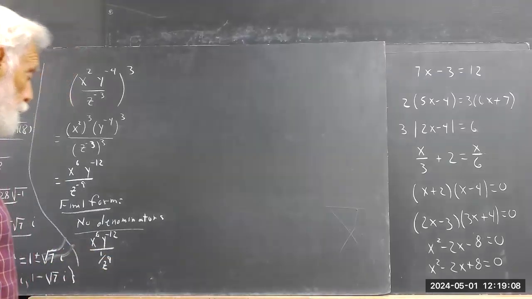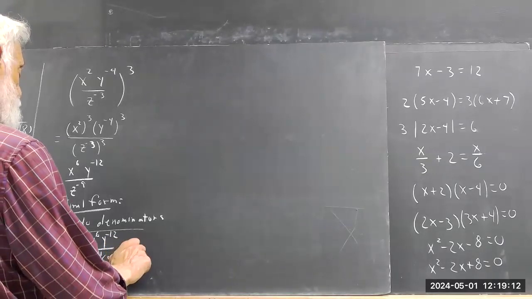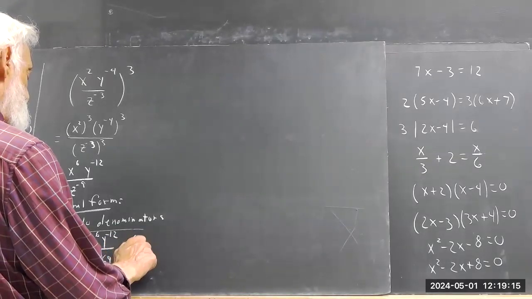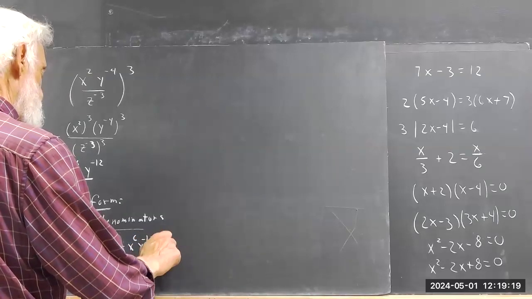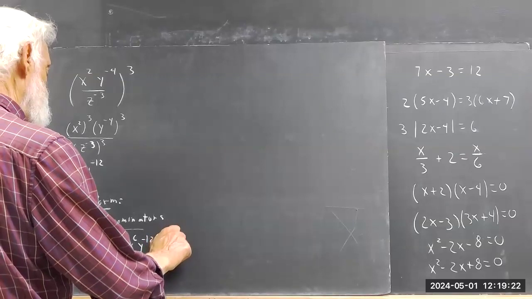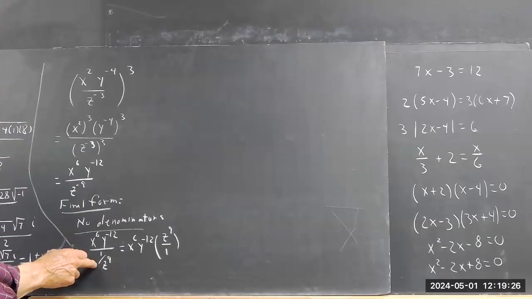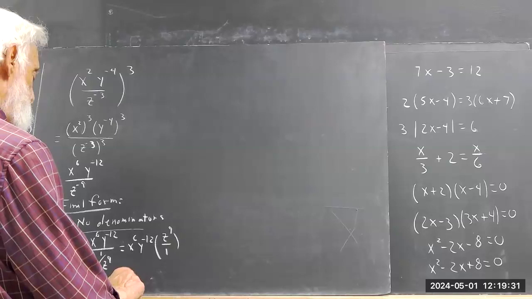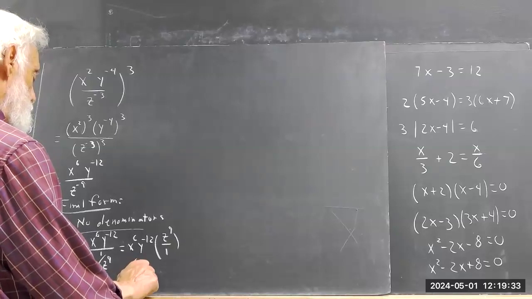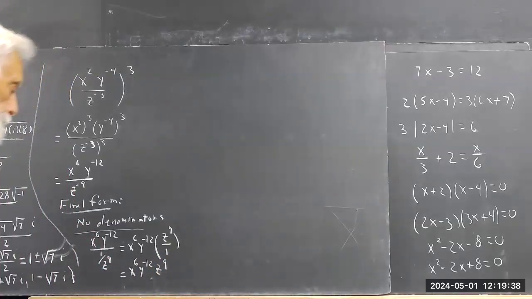That's fundamental. You have to know all the rules for exponents and then be able to apply them. And that's going to be x to the 6th, y to the negative 12 times z to the 9th over 1, because when you divide by a fraction, you multiply by its reciprocal. So you end up with this form.